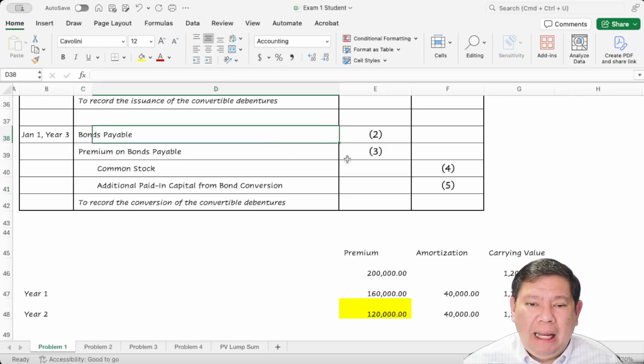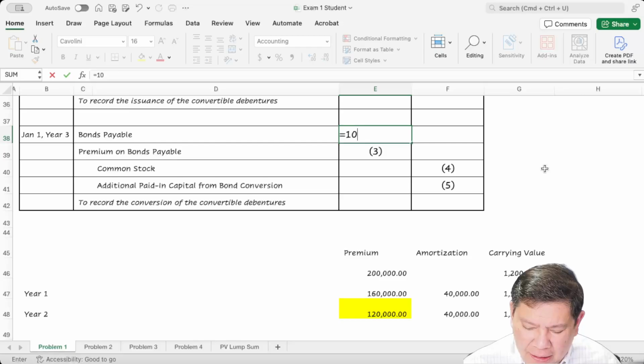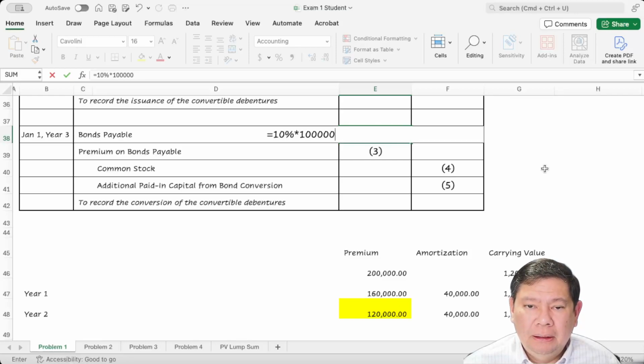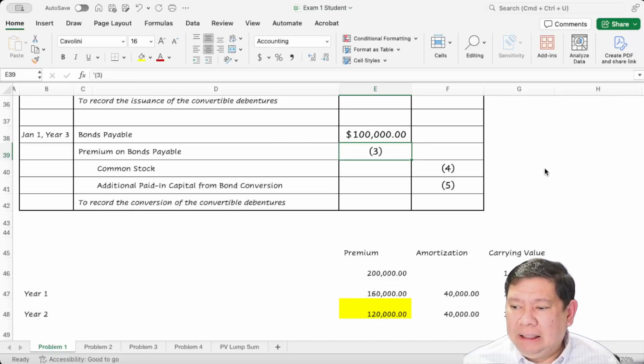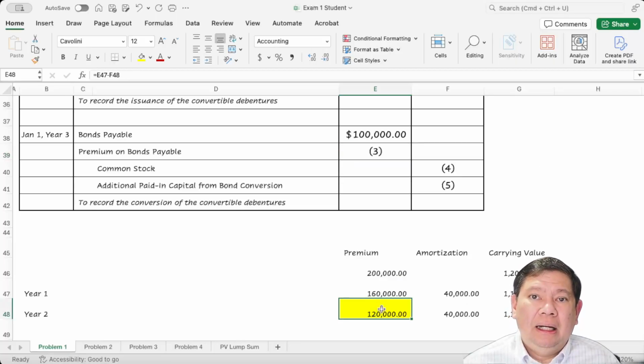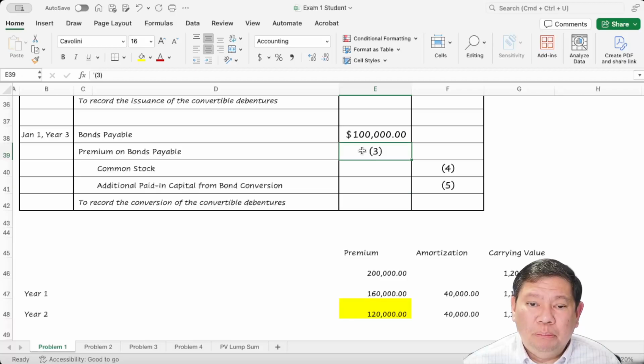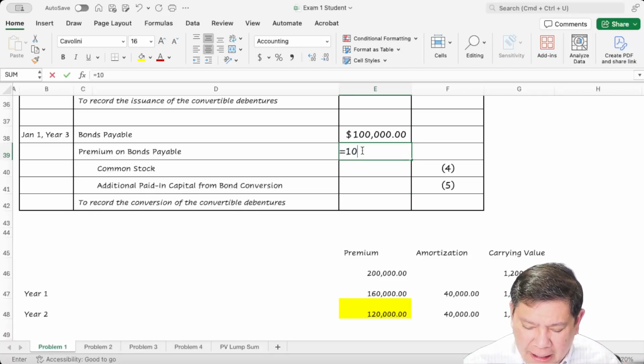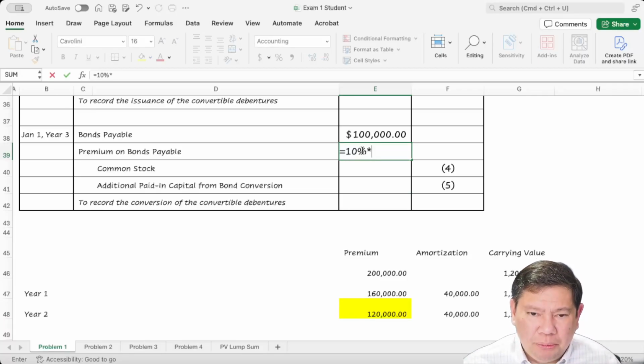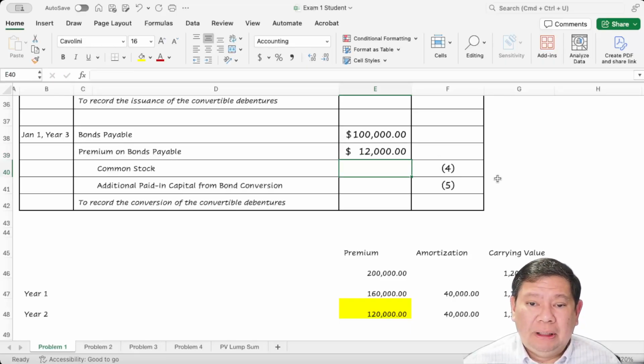The bonds payable in total is $1 million, so 10% of $1 million is $100,000. And the premium is 120,000, but only 10%, so 10% times 120,000 is $12,000.